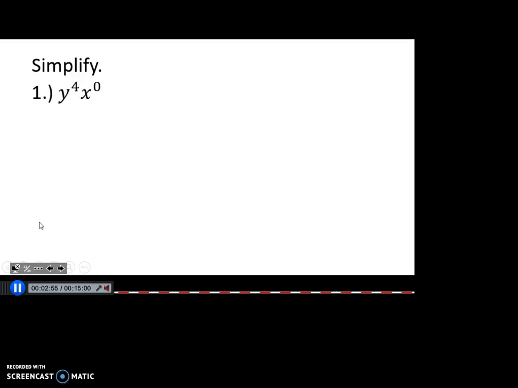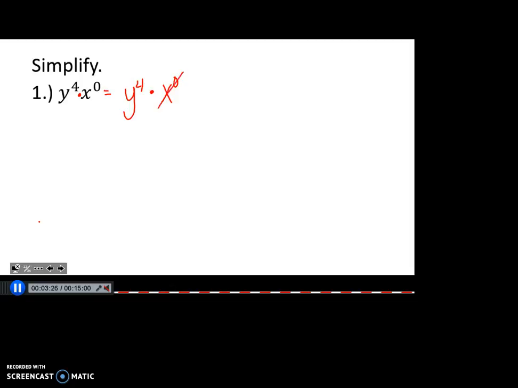So our directions are going to be to simplify. It's important to remember that each of these are separated by a multiplication sign. So I could rewrite this as y to the 4th times x to the 0 power. The reason why it's important to understand that is because the y to the 4th is not going to go away, or it's not going to become 1, because it is not being raised to the 0 power.